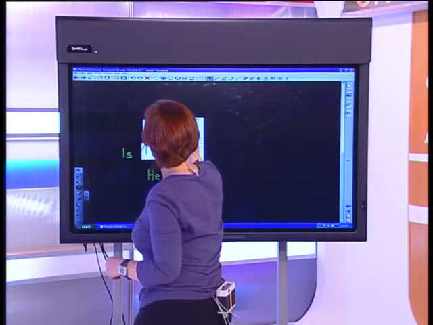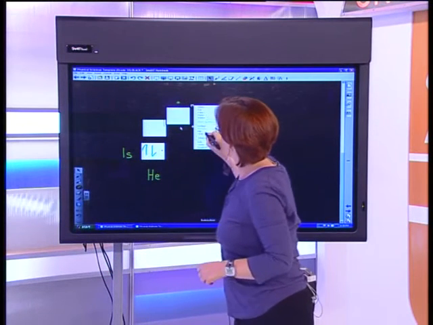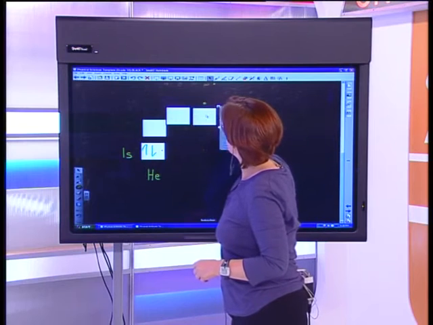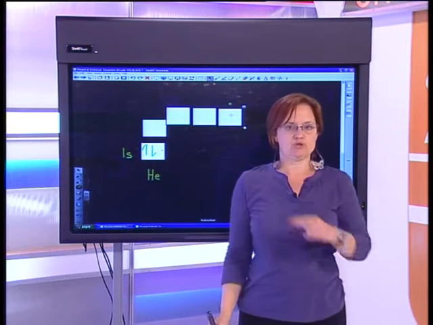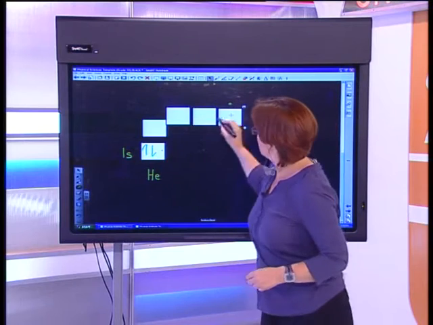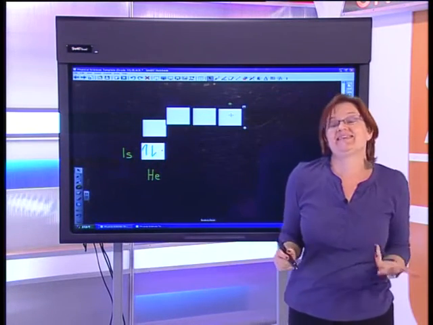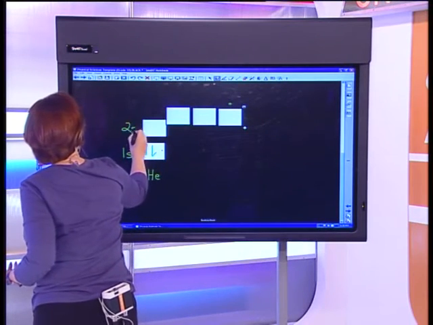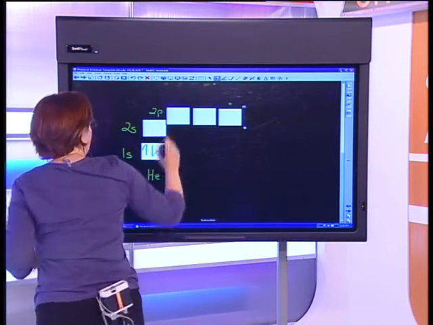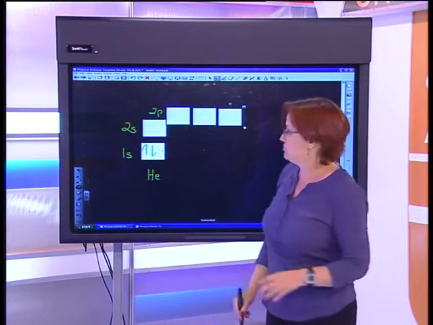Now we're creating my second energy level, which I drew as a circle. That is 2s, which we label as 2s. That is labeled as 2p.